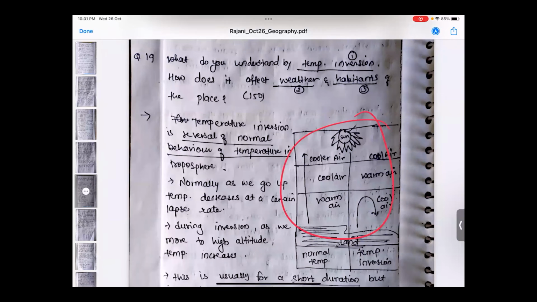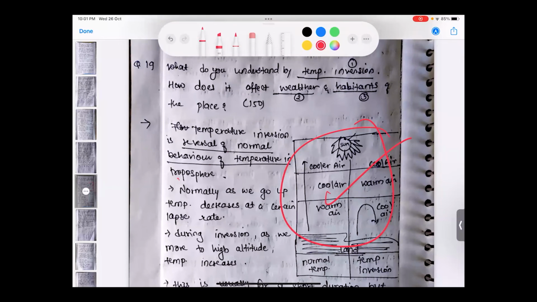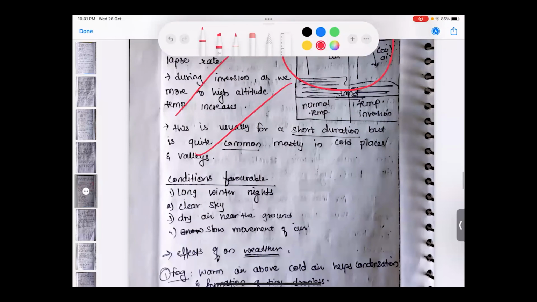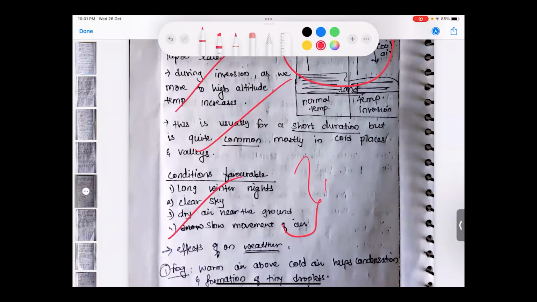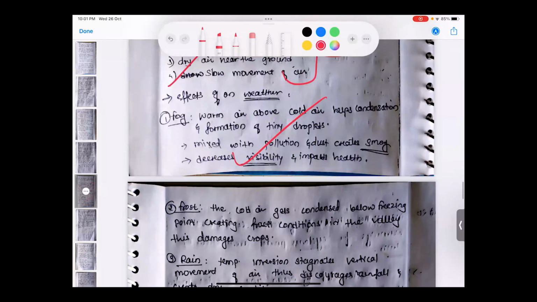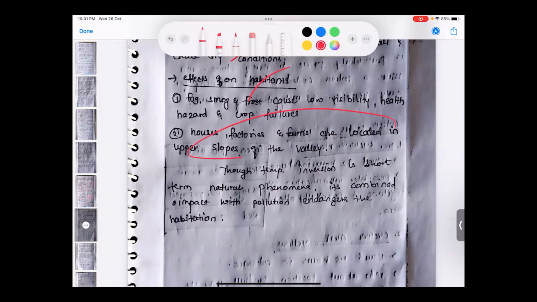Yeah, this diagram is good. This is a standard diagram. Here, explain this, Rajni? Yes, sir. Yeah, good conclusion.